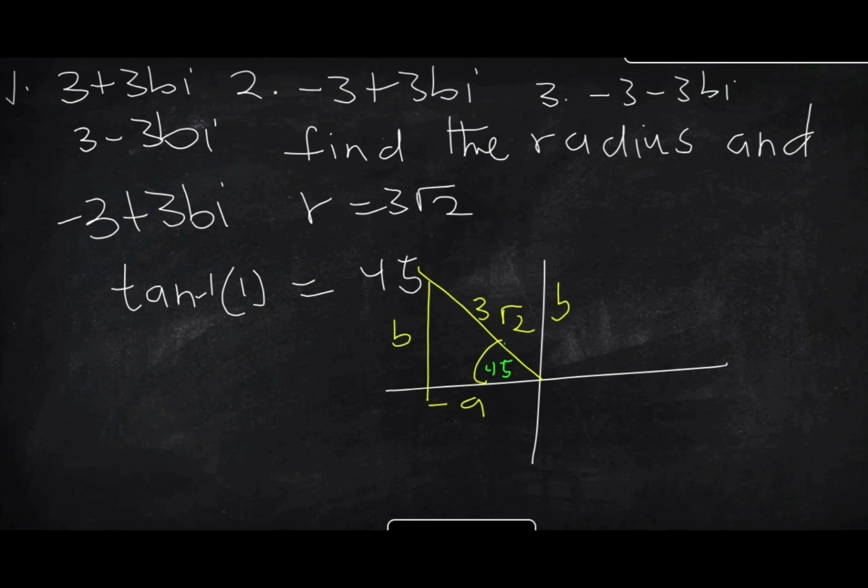And to find this angle is 180 minus 45. That gives 135 degrees.